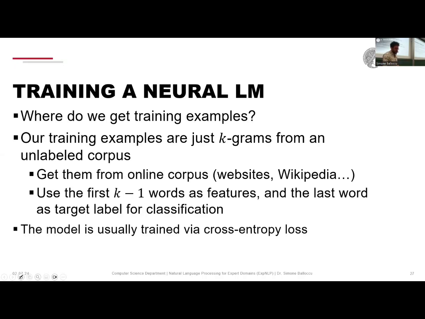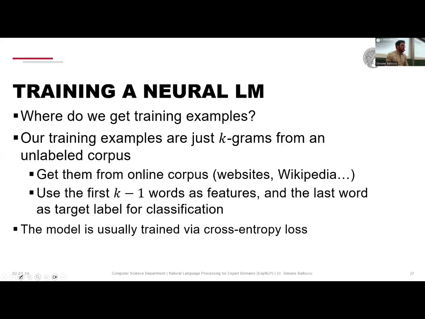And usually you train this with cross-entropy loss. This is so cool because you don't even need annotation. The annotation is inherent in the language. If there is a page that says, I don't know, Simone is an horrible teacher, that already exists in the world. I can just say Simone is an horrible is the input and teacher is the label. I don't need to do anything.